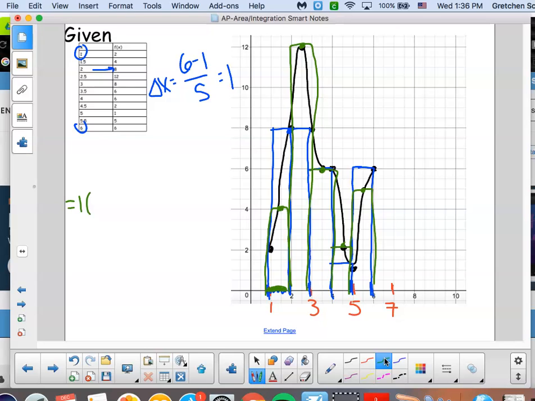Height of the first rectangle is now a 4. Height of the second rectangle, 12. Third rectangle, fourth rectangle, last rectangle.